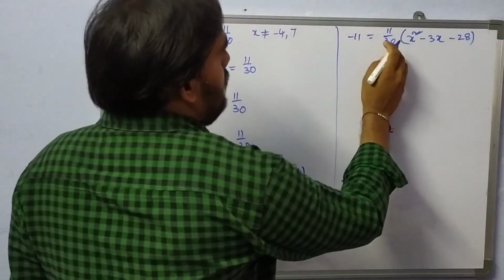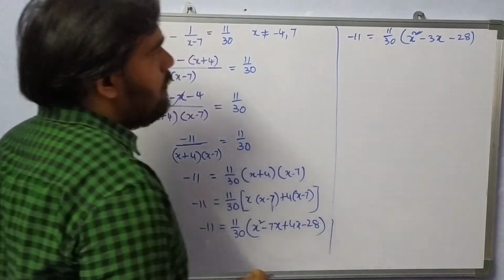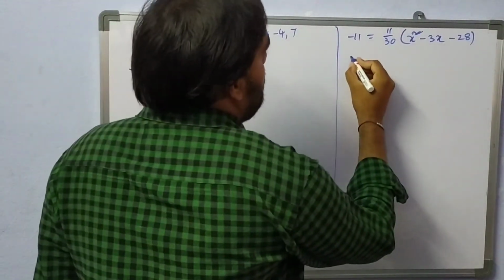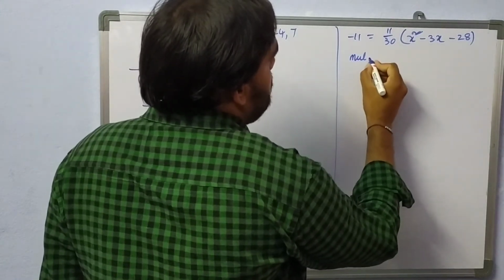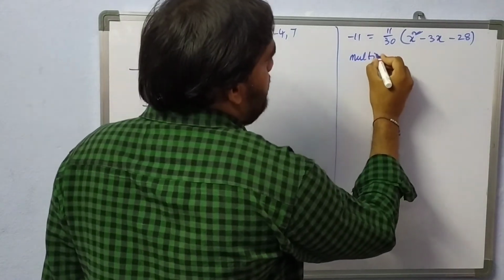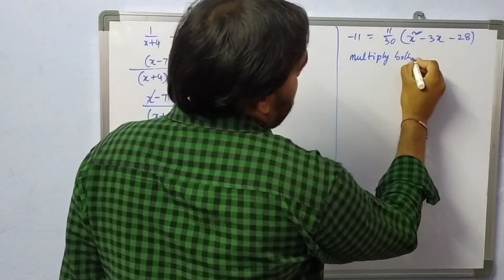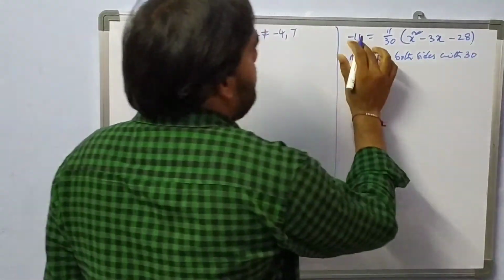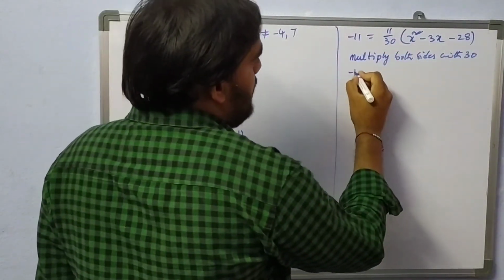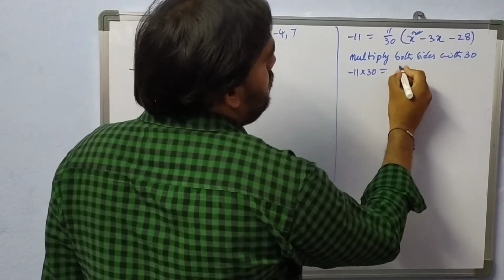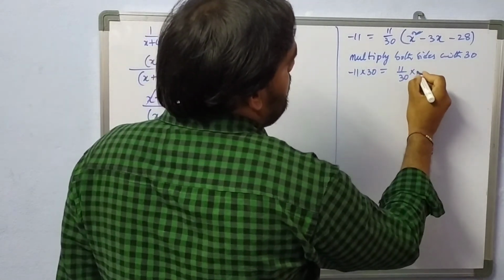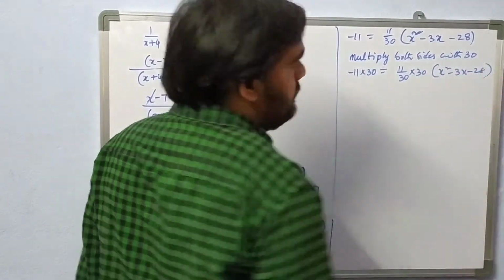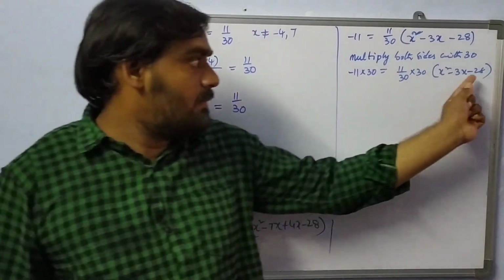See here, multiply both sides with 30. So here minus 11 into 30 we will get is equal to 11 by 30 into 30 into x square minus 3x minus 28.